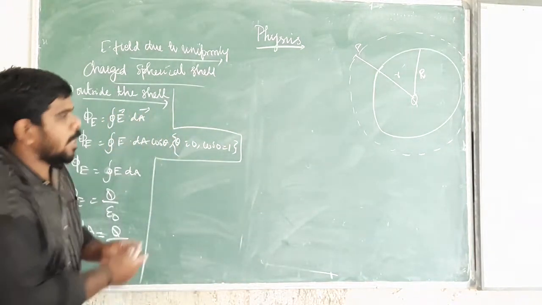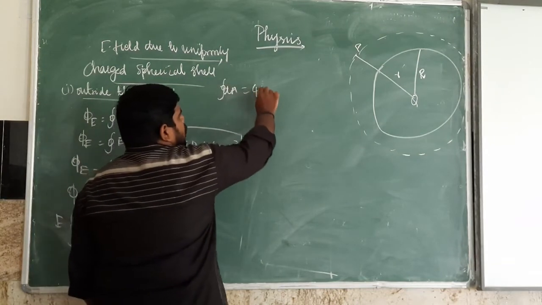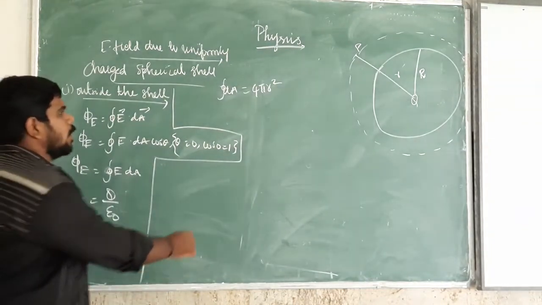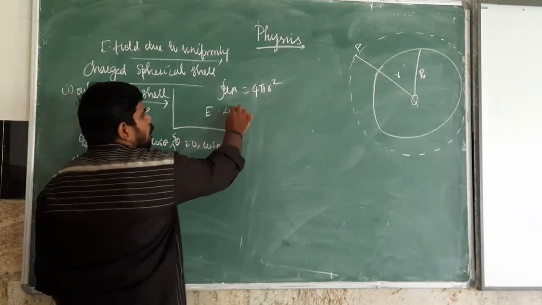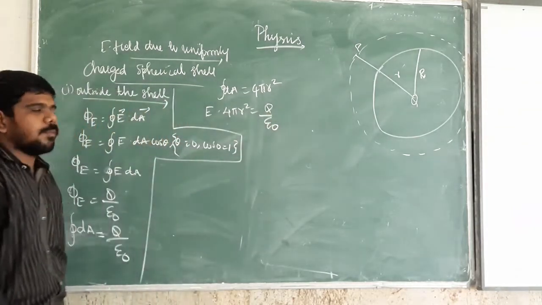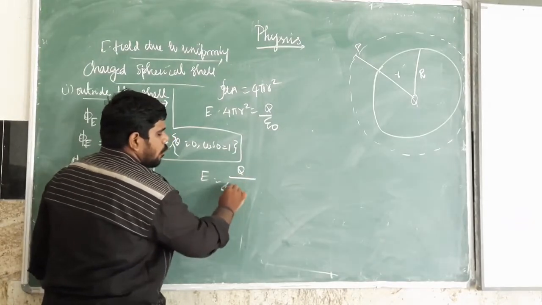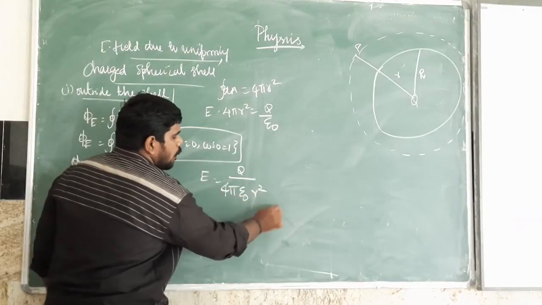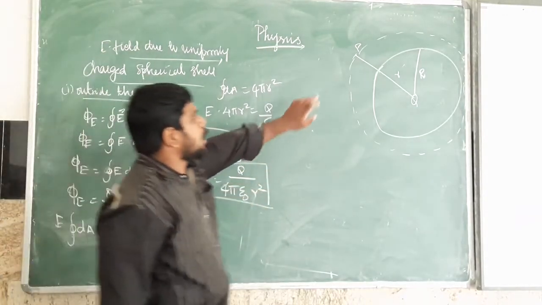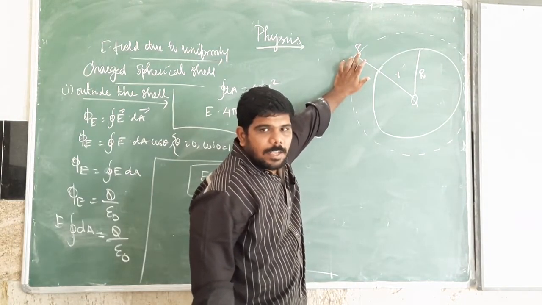So the integral of dA is equal to 4 pi r square. Substituting, E into 4 pi r square is equal to Q by epsilon 0. From this, E is equal to Q by 4 pi epsilon 0 r square. This is the electric field at a point outside the shell.